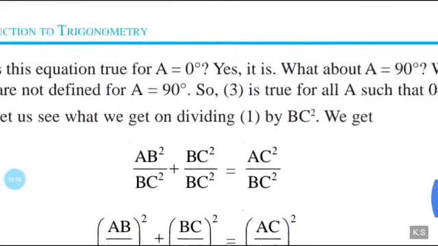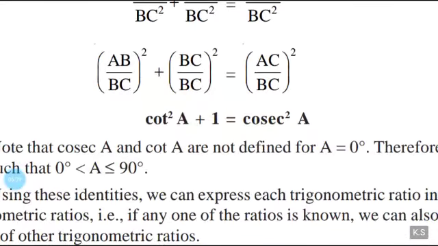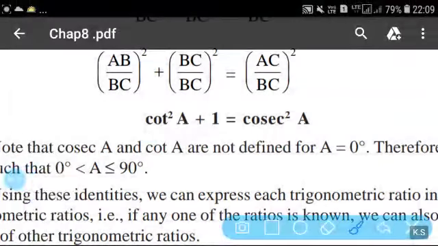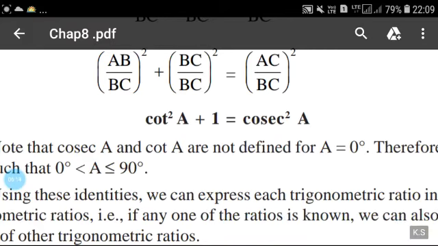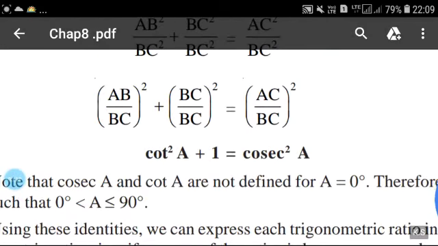Similarly, our next identity is cot square A plus 1 is equal to cosec square A. So see, here from that triangle we will divide all the terms by BC square.